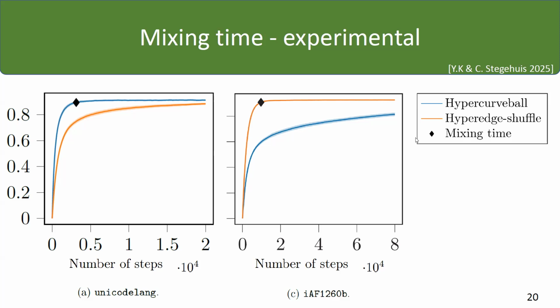My question was because you have a dependence on the degree in both cases, but can you also see a clear dependence on the number of nodes and edges in any way? I guess the degree depends on that indirectly, right? Yeah, that's true.